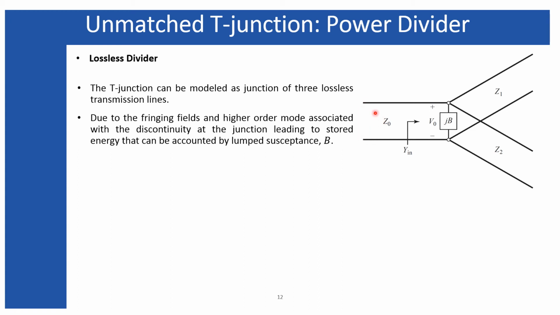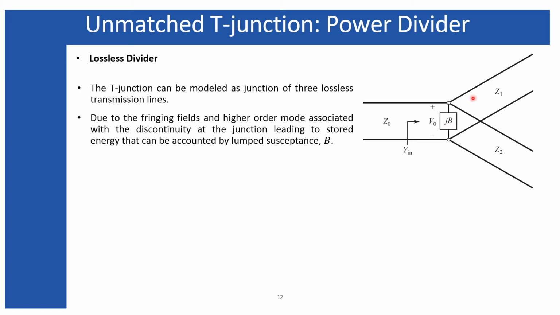Now, as you are exciting port 3, and there exists a discontinuity at this junction, due to the presence of the discontinuity some of the energy gets stored across this junction. Therefore, that stored energy can be represented as a lumped susceptance, which is why I have represented it as the imaginary term, jB.